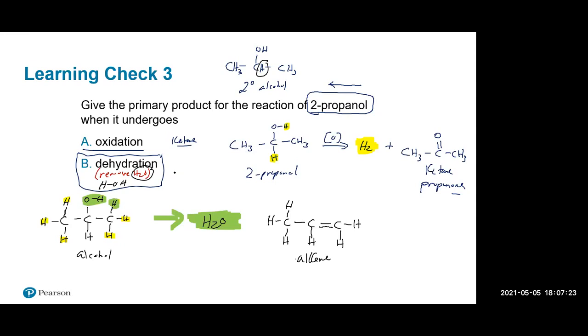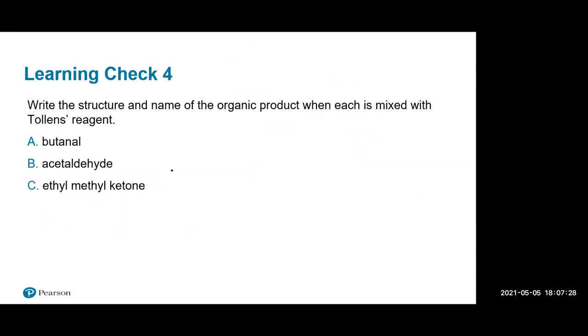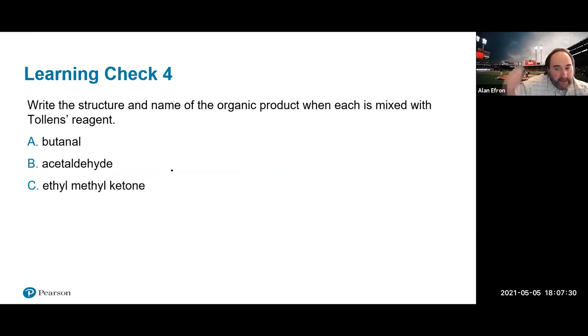Other questions on that? Okay. So write the structure and name the organic product when each of these is mixed with a Tollens reagent. So let's talk about each of these and, first off, figure out, does a reaction take place? In this particular case, the Tollens test is what we use to determine if we have an aldehyde or a ketone, right?